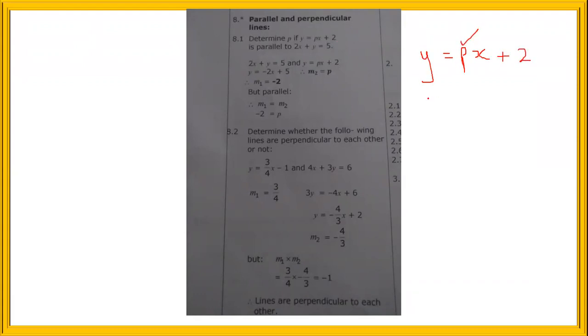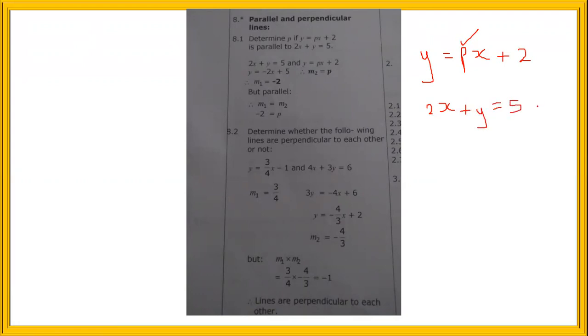The second equation of the straight line, and they are telling you that it's parallel, is 2x plus y is equal to 5.